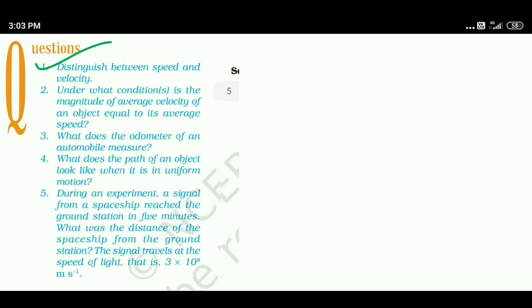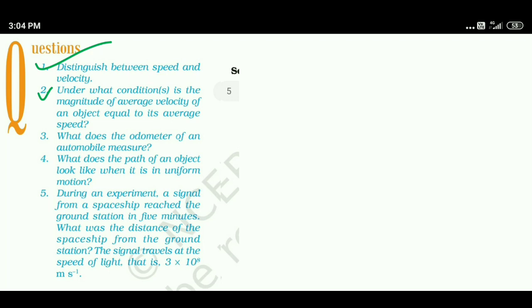In our previous video we defined and even differentiated between speed and velocity. So go through our previous video so that you can get the answer and explanation also. Now in question number 2, under what condition is the magnitude of average velocity of an object equal to its average speed? This is a tricky question, students. Okay, we need to go into some depth.